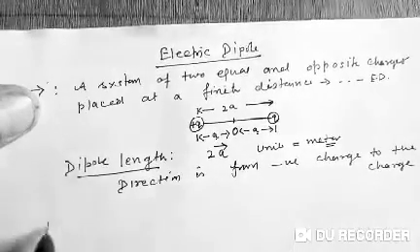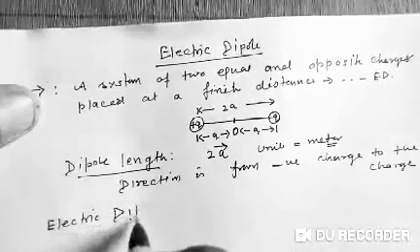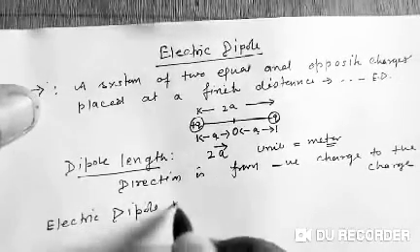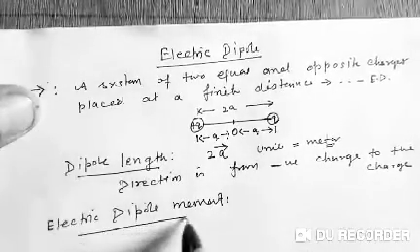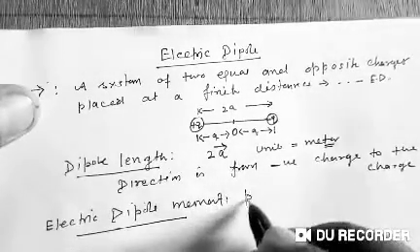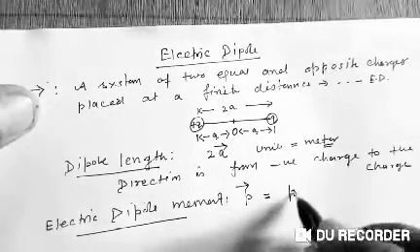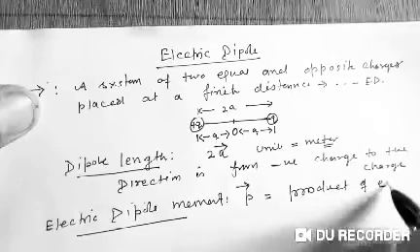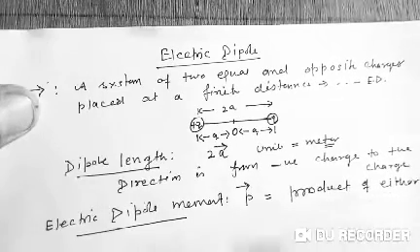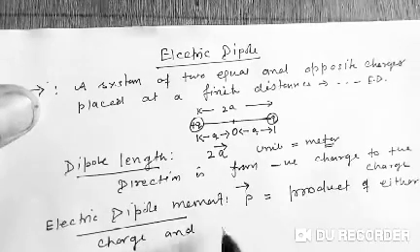Next term is the electric dipole moment. Electric dipole moment, a vector quantity represented by vector p, is equal to the product of either charge and dipole length.